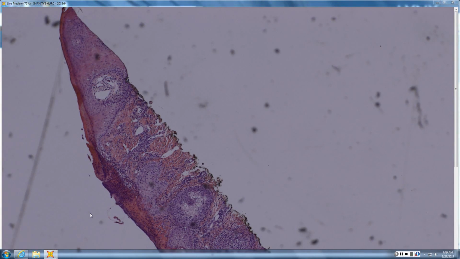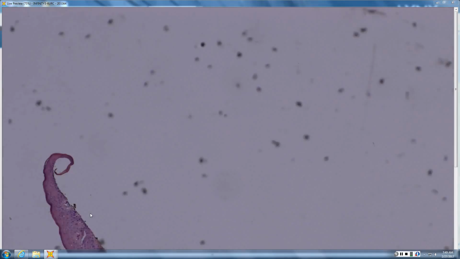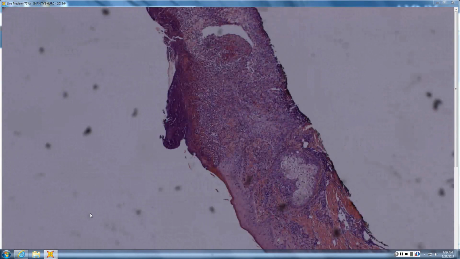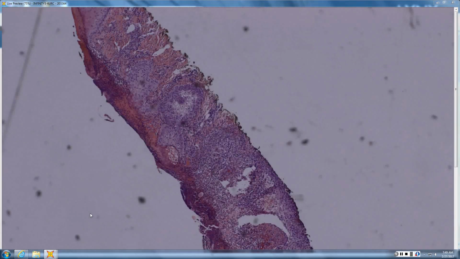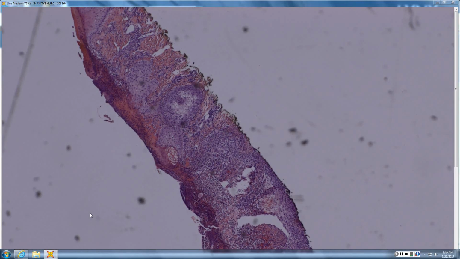So let's see what we got. This is probably worth doing. Thin shave, very robust inflammation superficially with some crusting. So crust and inflammation, and I'm going to walk you through.